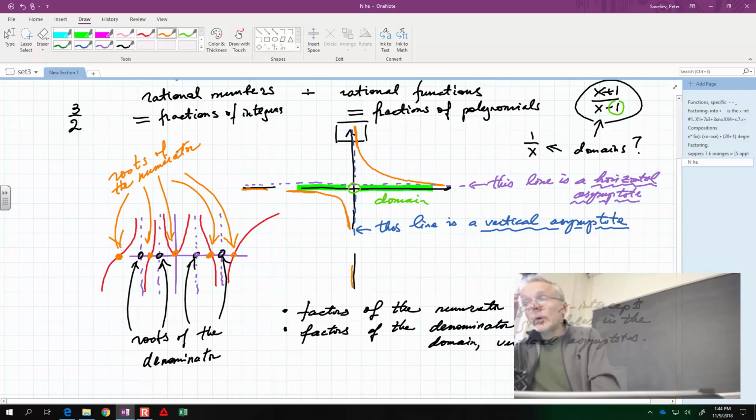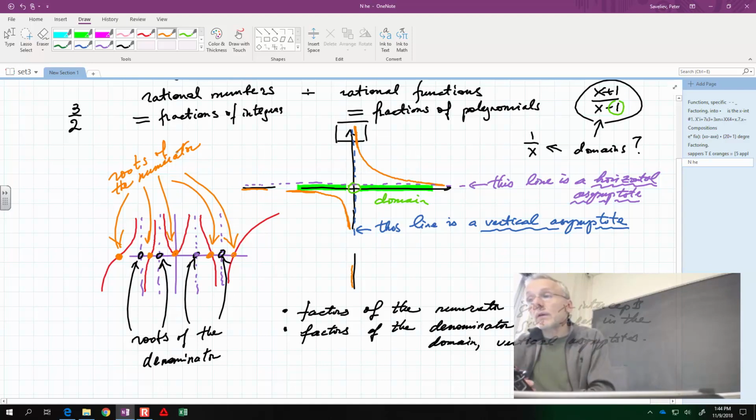Okay, so as you can see, just factoring these two polynomials will give us a bunch of asymptotes, and the graph cannot cross those. The only way the graph can approach those vertical lines is to start climbing one way or the other.